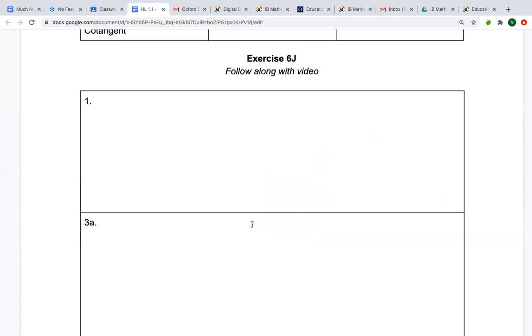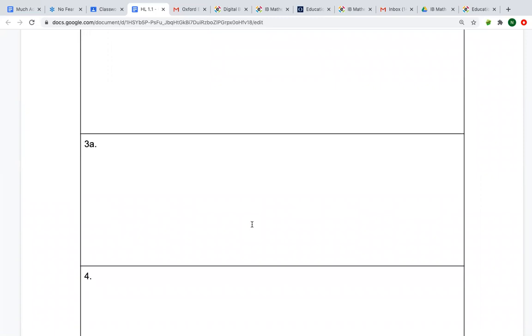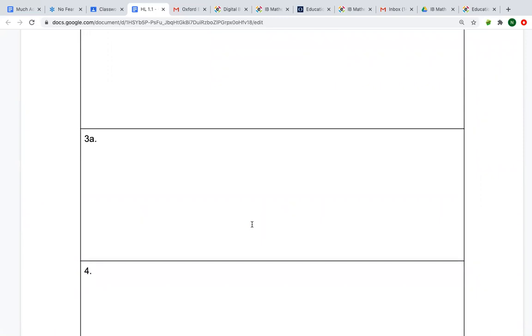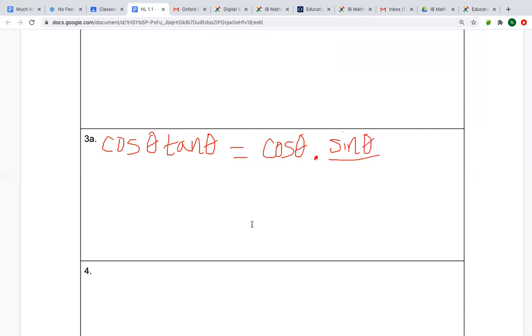Okay, next, we're just looking to simplify the following expression. So we have cosine theta times tangent of theta. Tangent of theta can be rewritten as sine of theta divided by cosine theta.